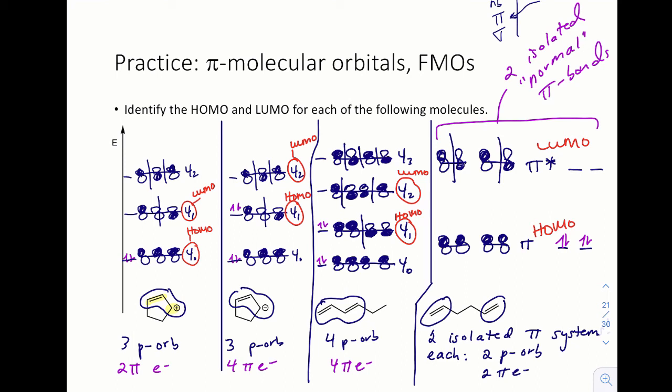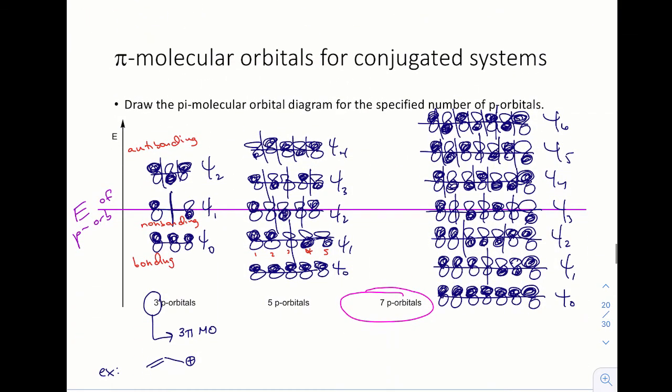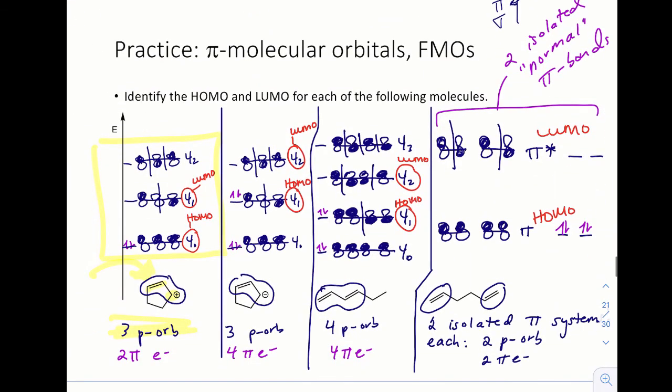So really, there are 3 p orbitals with 2 pi electrons in them. 3 p orbitals result in this set of molecular orbitals that we drew on this page. Since there are 2 pi electrons in these 3 p orbitals, those 2 pi electrons will occupy the lowest energy of these orbitals. That's psi naught. So psi naught is the HOMO, the highest occupied filled molecular orbital, and psi 1 is the LUMO.